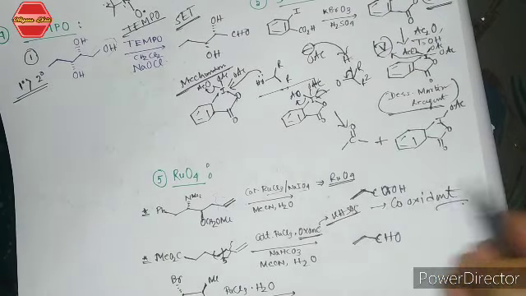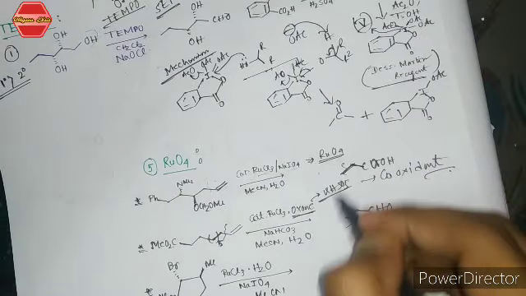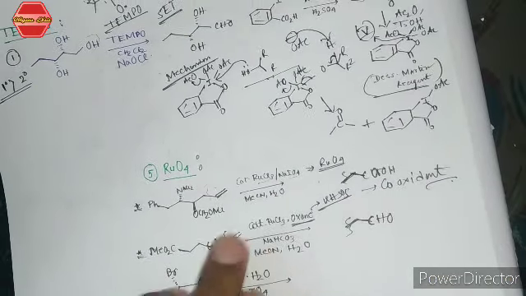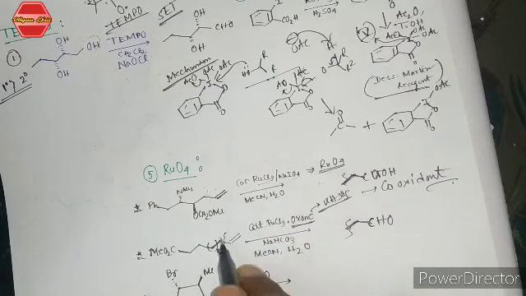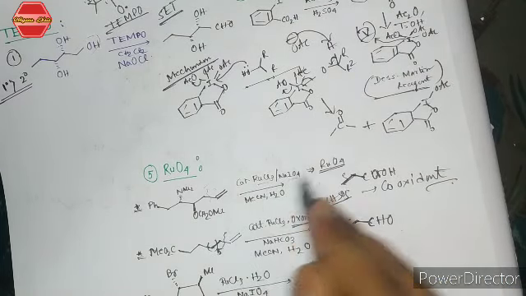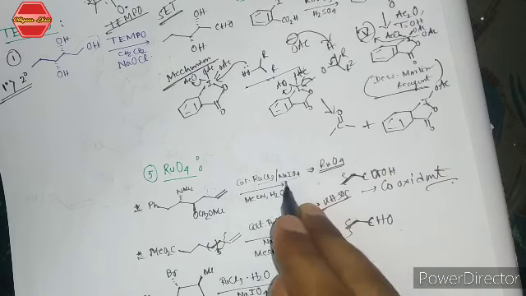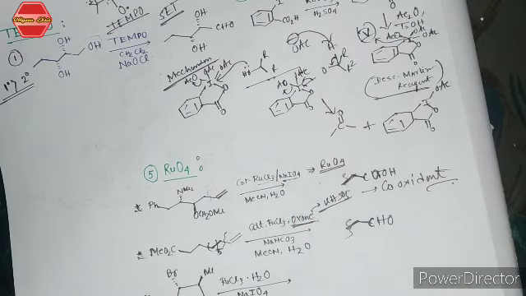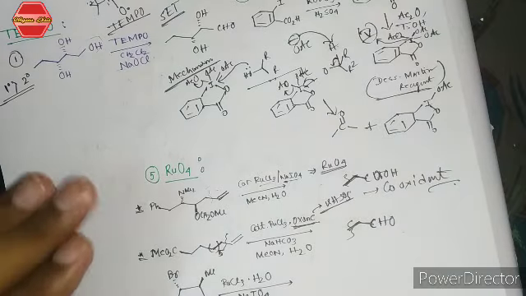So this is your selective reagent also. The overall part remains the same, but this alkene group will convert to an aldehyde or an acid in presence of different co-oxidants, that is NaIO4 or oxone. So this is a different case.